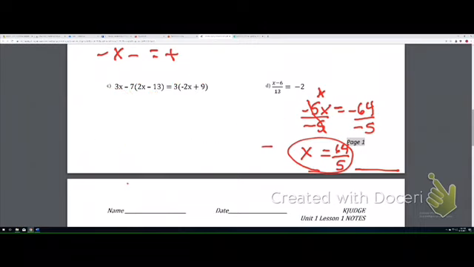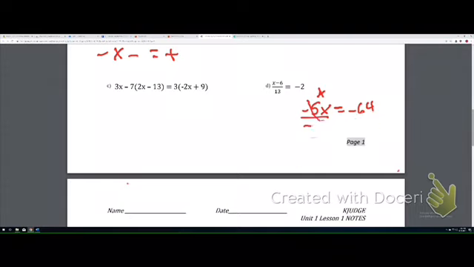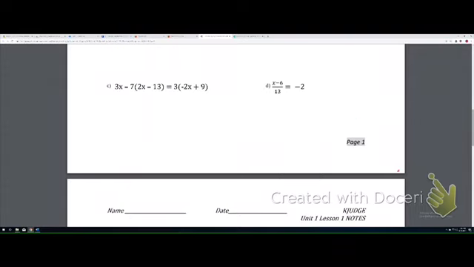So we got our x equals 64 over 5. Then you're going to plug it into your calculator exactly as you see it.